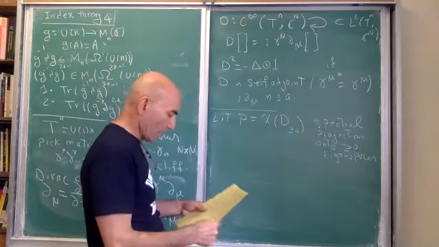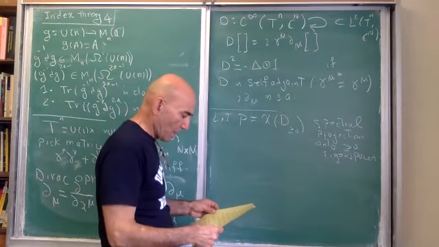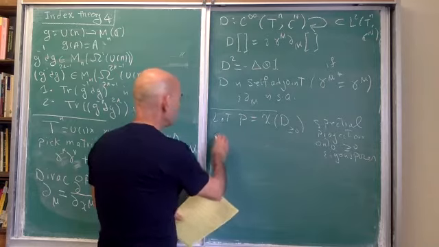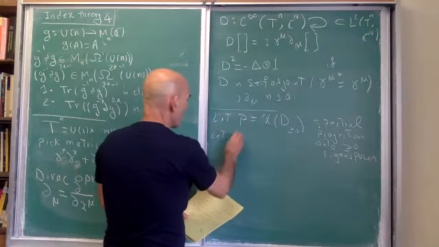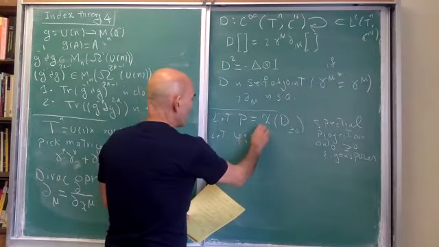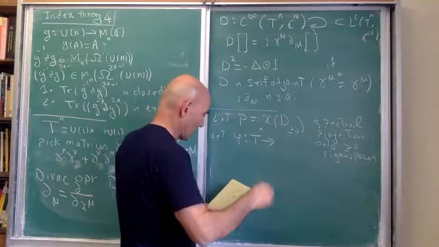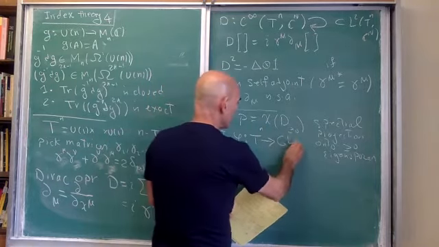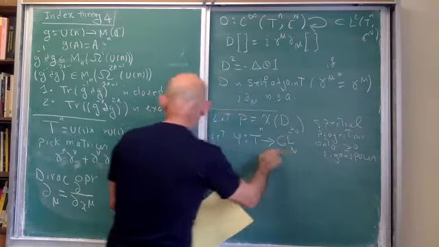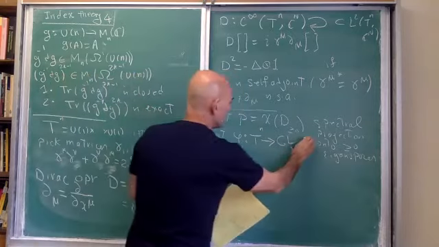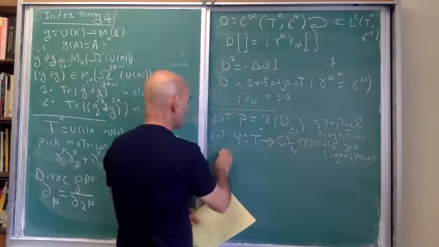Okay, so now, again, we can just take phi from Tn to, say, GLNC, the same n as here, a continuous map.